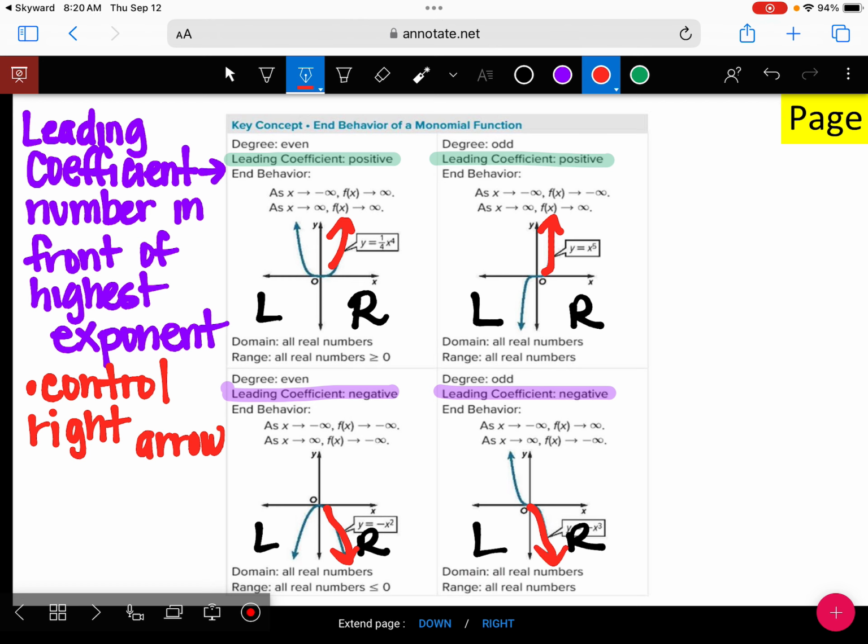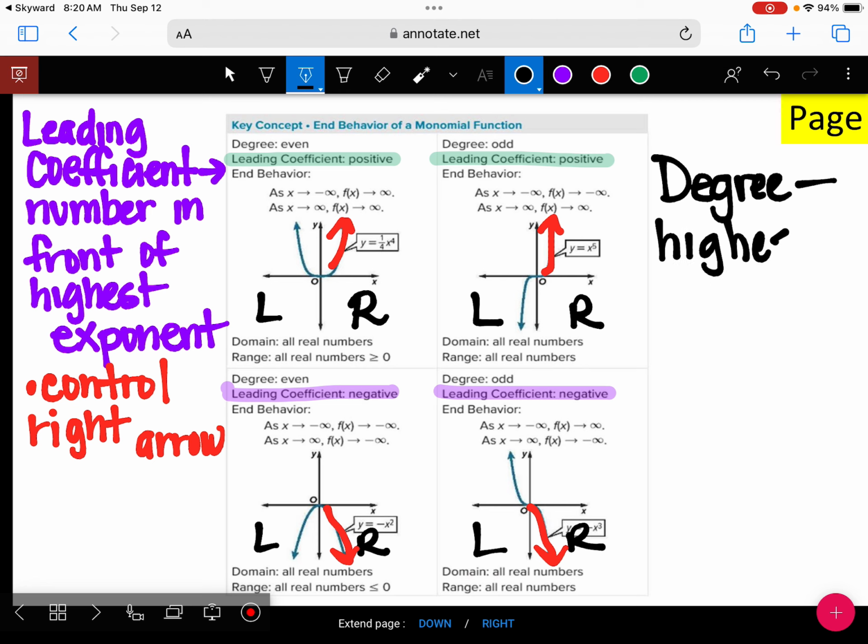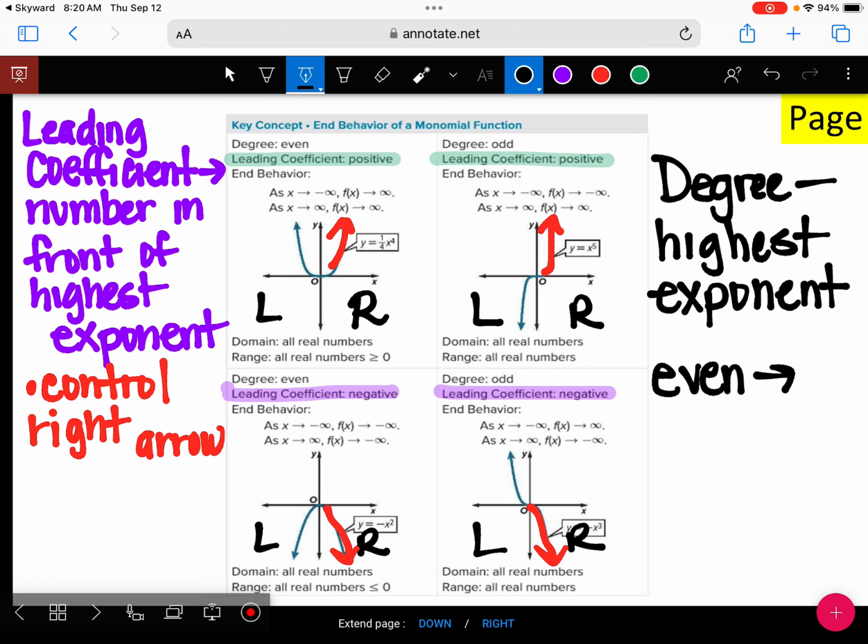So the degree, now let's talk about the degree. The degree is your highest exponent. Whenever it is even, that means that the left side will do the same.